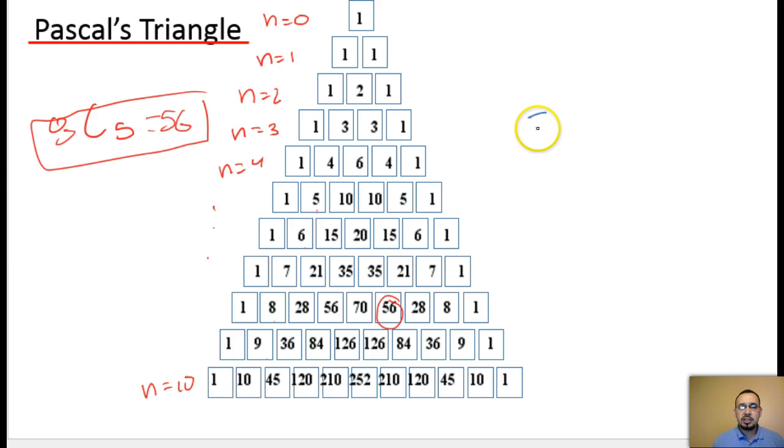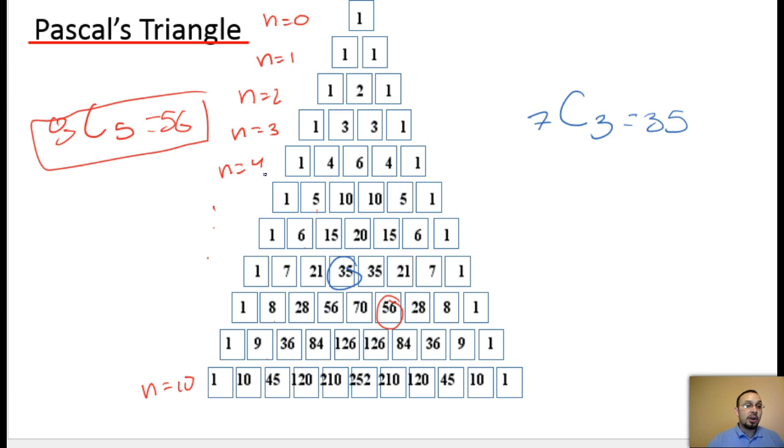We'll go 7 choose 3. So I'm going to go down to the 7th row. 0, 1, 2, 3, 4, 5, 6, 7. I'm going to look at the 3rd column. 0, 1, 2, 3. So that's equal to 35. This makes it a bit easier for us to evaluate.